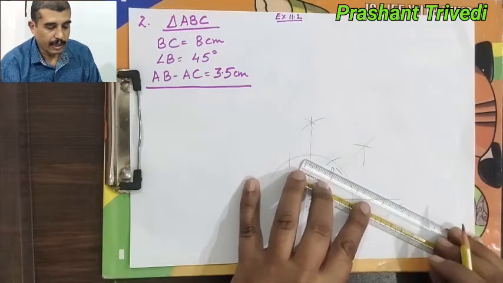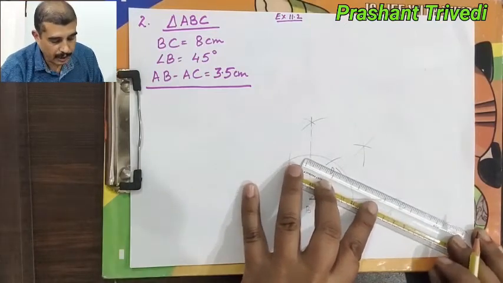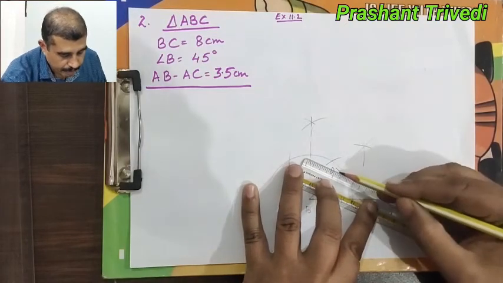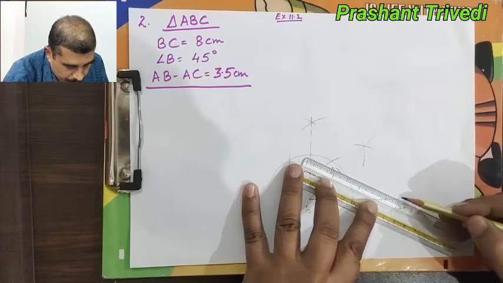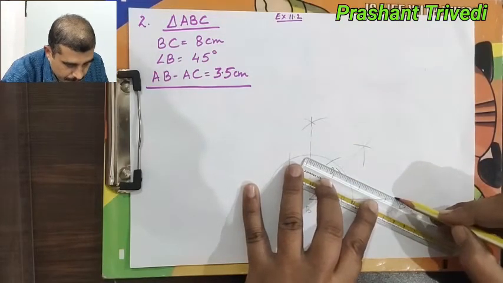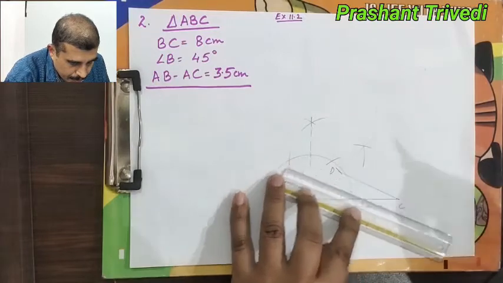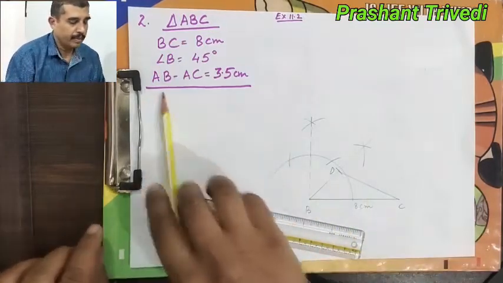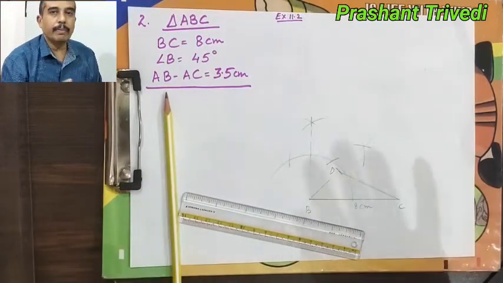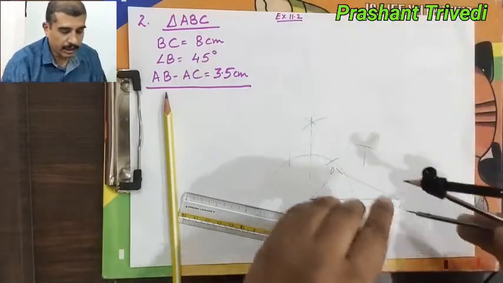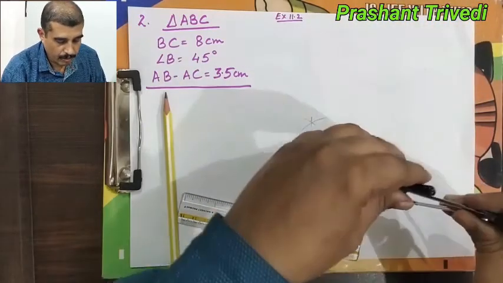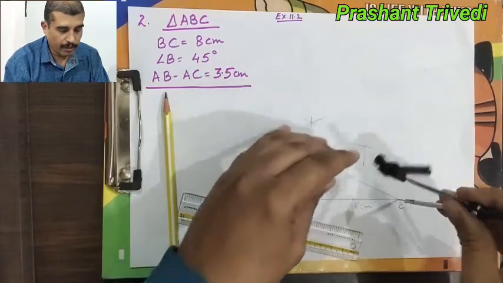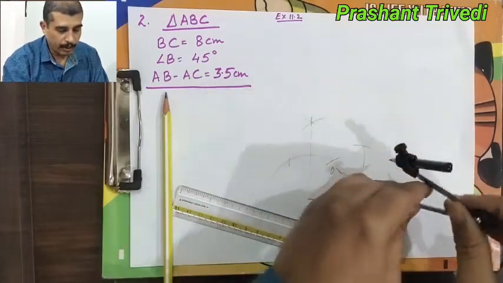The same way as in the previous question, we will join C to D. Joining CD, then the perpendicular bisector of CD. How? More than half of it at the top, at the bottom.